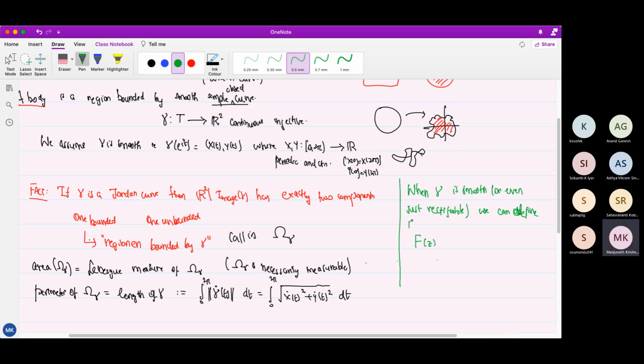Now I am writing in the complex form. We identify R2 with complex numbers here. Then you can define the winding number f of z as 1 over 2 pi i times the integral over gamma of d zeta over zeta minus z.